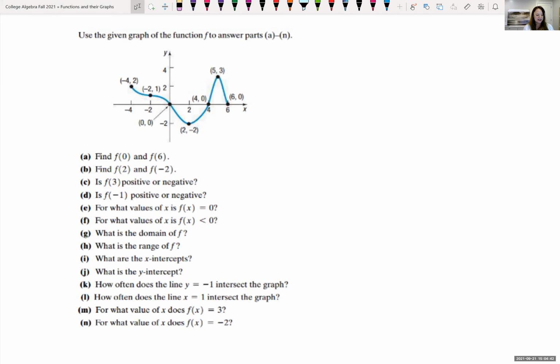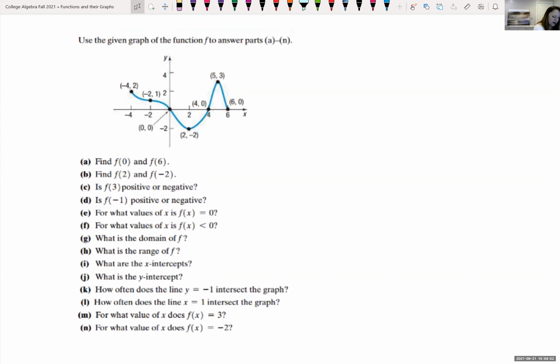The first part says find f of 0 and f of 6. Looking at this, you need to know what this represents. So f of 0 is saying that we're going to find y.